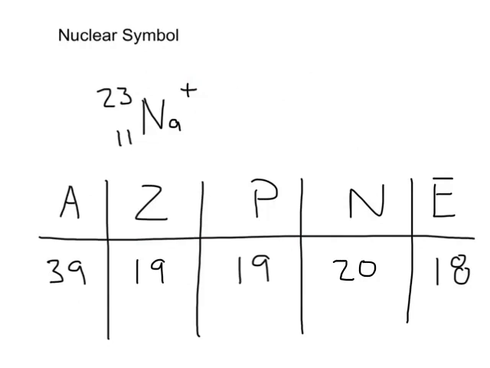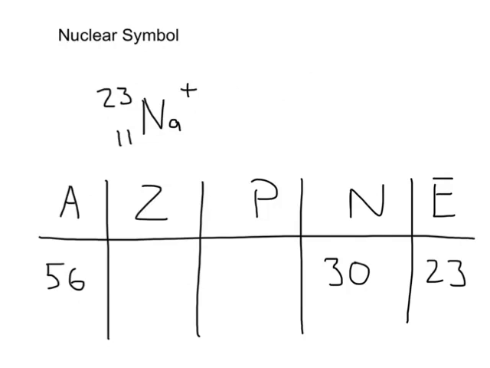Now I just need to make my symbol. Mass number on top, atomic number, look up element 19 on the periodic table. Remember, make sure you're looking that up by the atomic number. And that happens to be potassium, symbol K. And I check to see if I have a charge. I have 19 protons and 18 electrons. So my charge, 19 minus 18, I have a +1 charge.